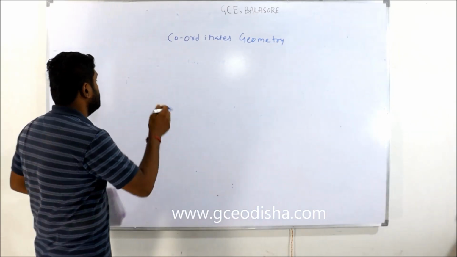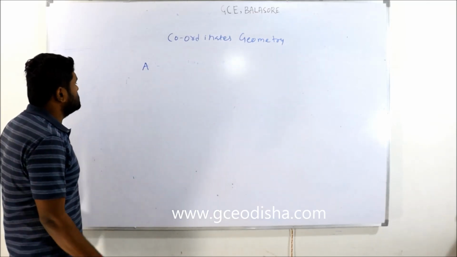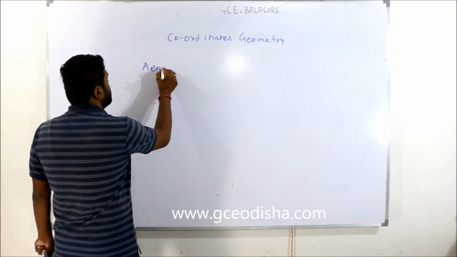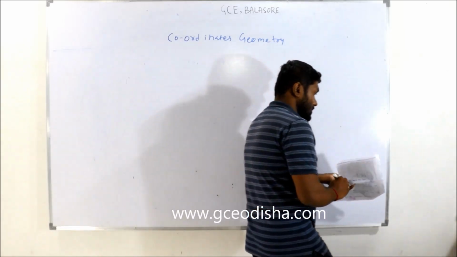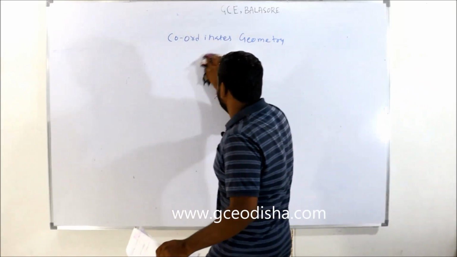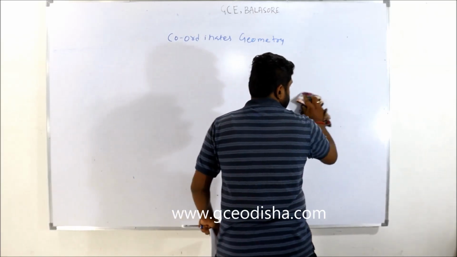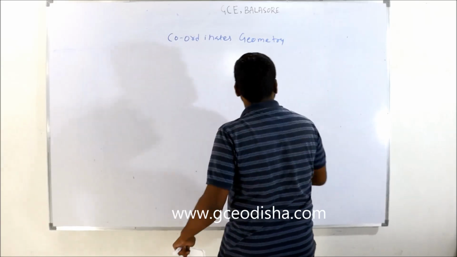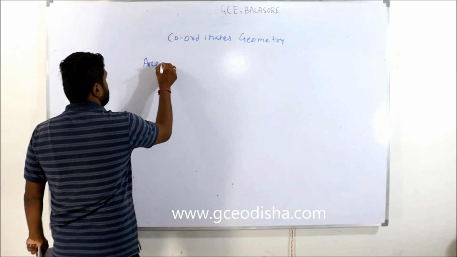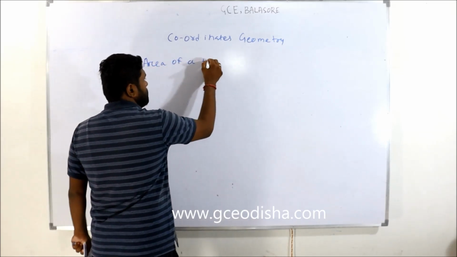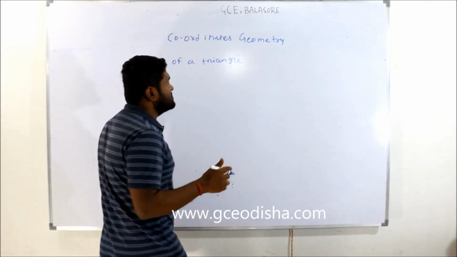Then there is another concept: find the area of the triangle where three coordinates are given.